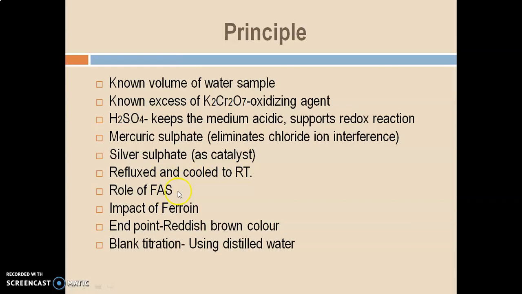FAS is a strong reducing agent. It reacts with unreacted potassium dichromate. Ferroin is the indicator. It shows a pale blue color in the presence of potassium dichromate. In the absence of potassium dichromate, ferroin exhibits a reddish brown color, and that reddish brown color itself is the end point of the titration.